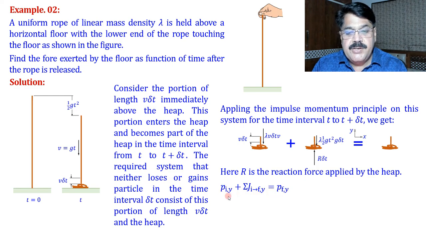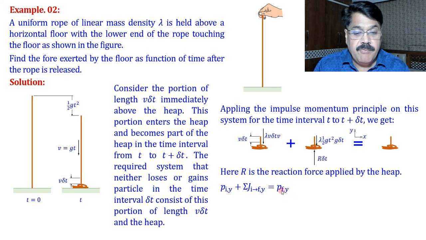That is the initial y component of momentum, plus the net impulse of all the external forces in the vertical or y direction, equals the final y component of momentum. We know that lambda v dt v is the initial momentum, and it is negative. The impulse of gravity is again negative, the impulse of R is positive, and the final momentum is 0.